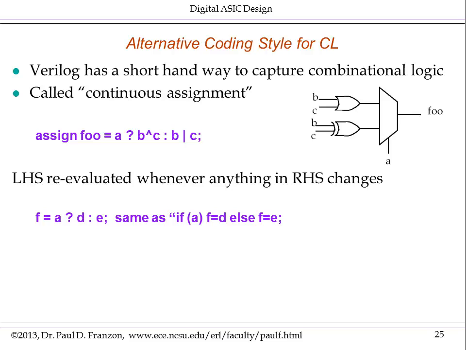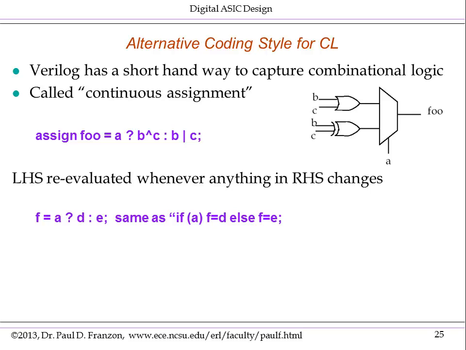It's called continuous assignment because the way it is evaluated in the simulator is that the statement is re-evaluated whenever anything on the right-hand side changes. Again, this is the behavior of combinational logic in the actual logic. Foo is re-evaluated whenever any of A, B, or C changes.